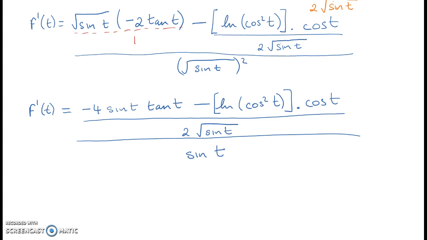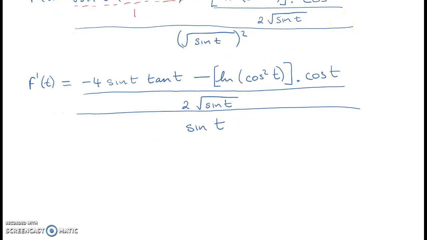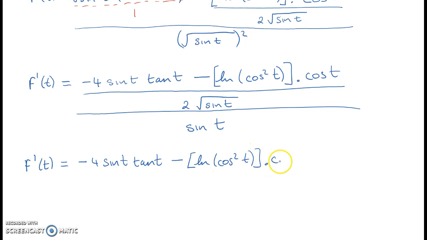Now, if we divide the expression on top, negative 4 sine t tan t minus log of cosine squared t times cosine t over 2 root sine t, if we divide that by sine of t, in other words, we multiply everything on top by the reciprocal of sine t, which is 1 over sine t, we're going to get this expression here. f prime of t is equal to negative 4 sine t tan t minus the log of cosine squared t times cosine t all over 2.